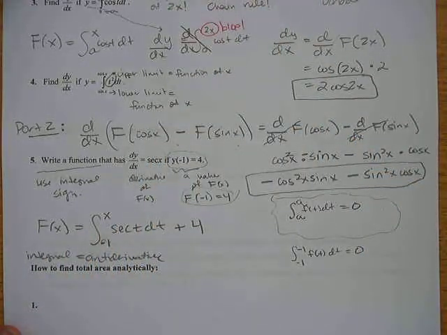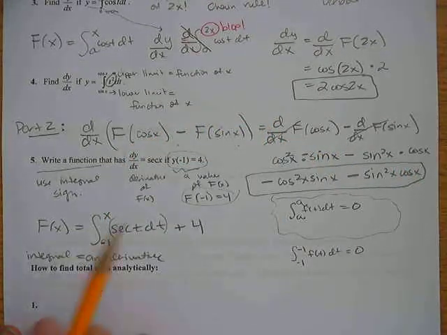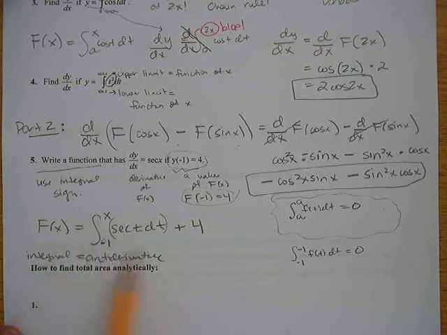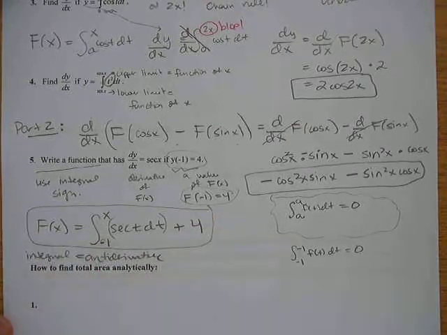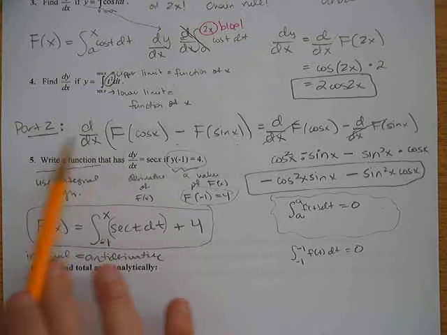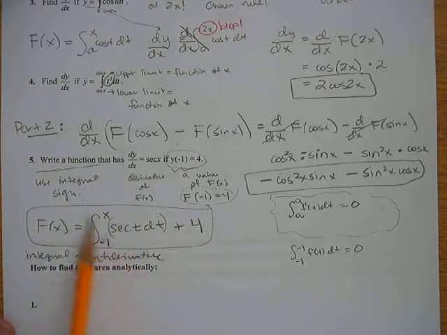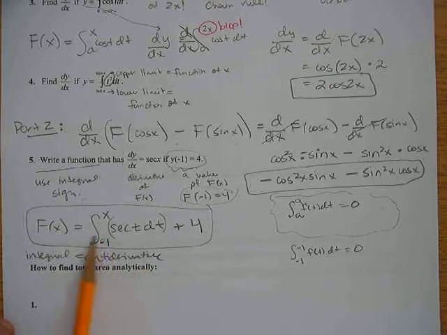So if I put -1 in for a and evaluated this for -1, f of -1, I would have 0. If I added 4 to the outside of the integral, I would plug -1 in here and there, and have 0 plus 4 equals 4.